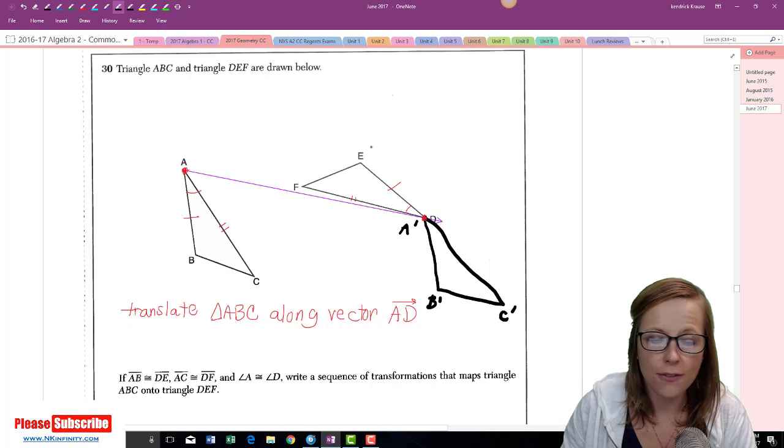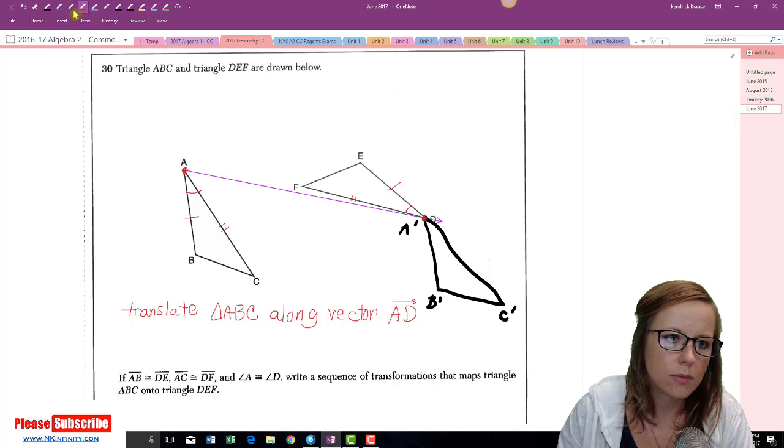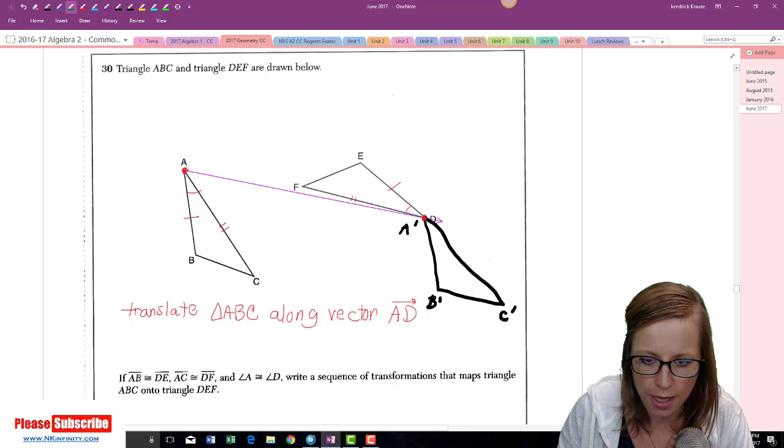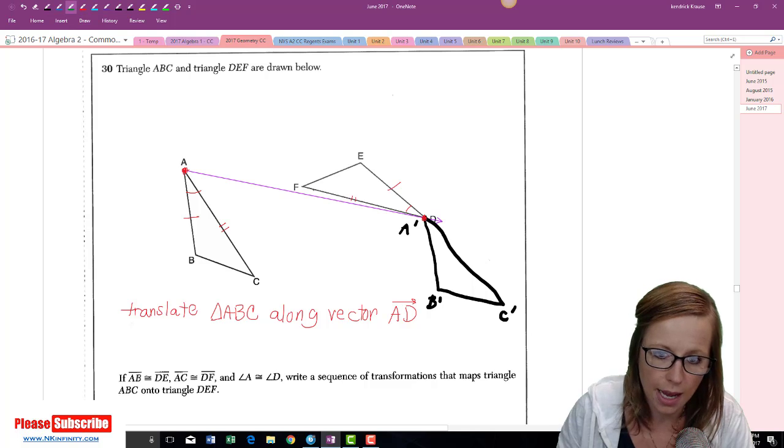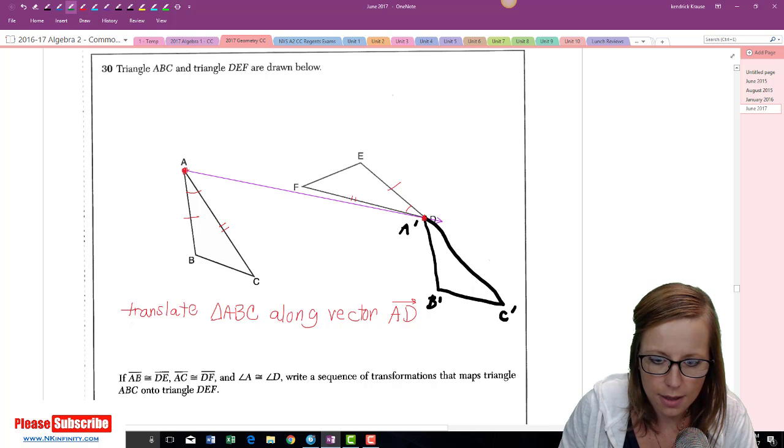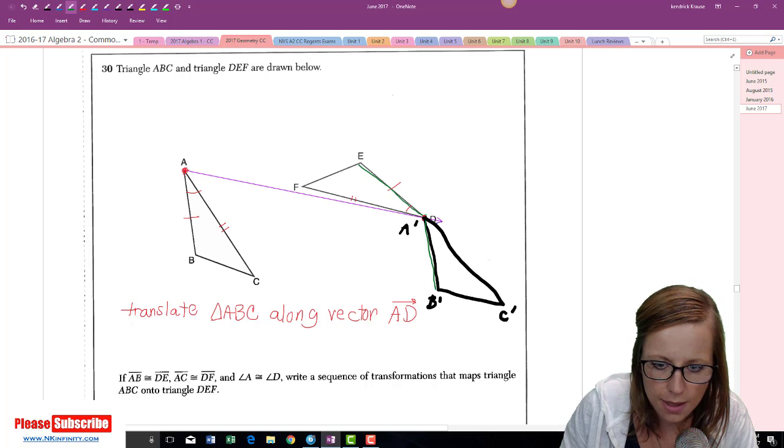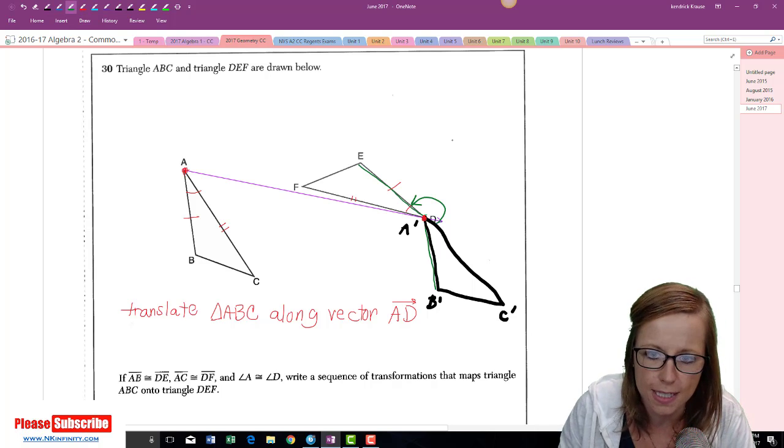Okay, so now I have to figure out how much to turn it. So I want to turn it so that B goes all the way to E and C goes all the way to F, and I want this A prime, B prime side to match with DE. So I need to turn it this many degrees, whatever this many degrees is.